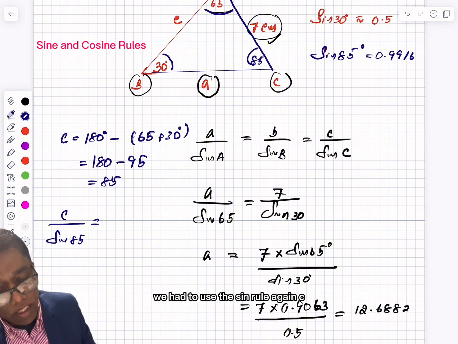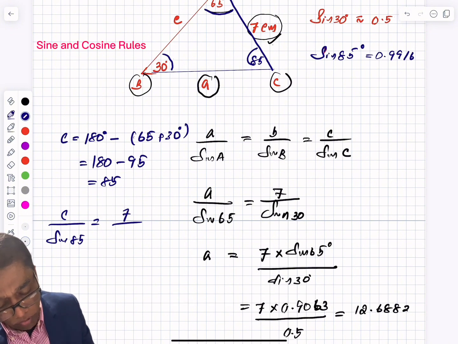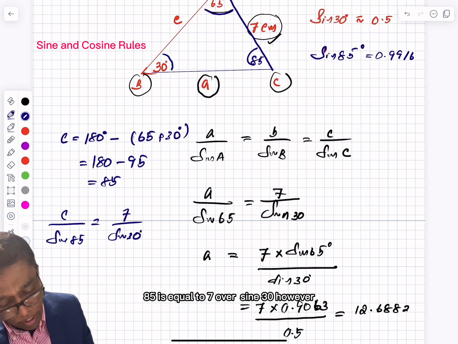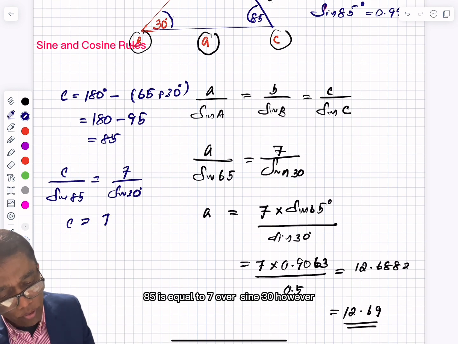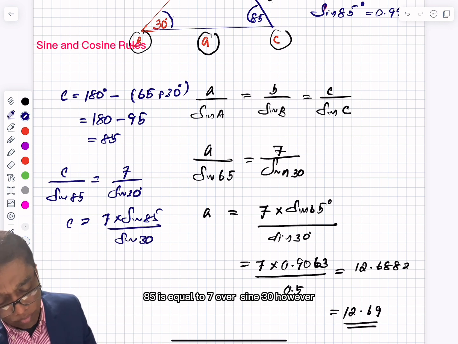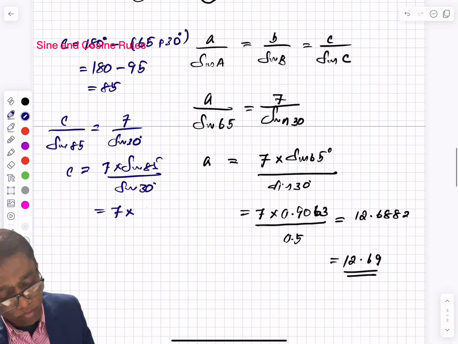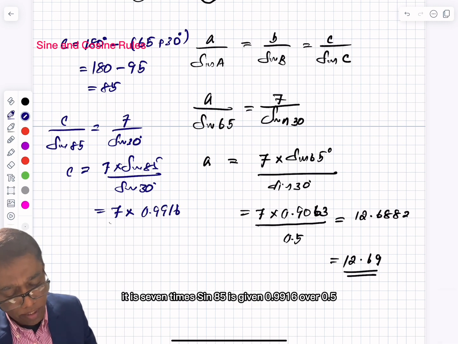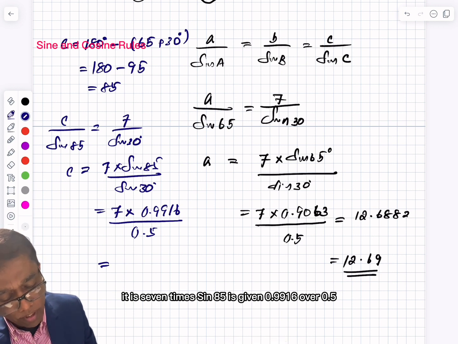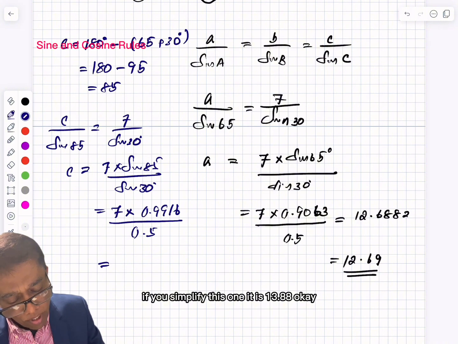We have to use the sine rule again. c over sine 85 is equal to 7 over sine 30. So c is equal to 7 times sine 85 over sine 30. Sine 85 is 0.9916, so 7 times 0.9916 over 0.5, simplified, is 13.88.